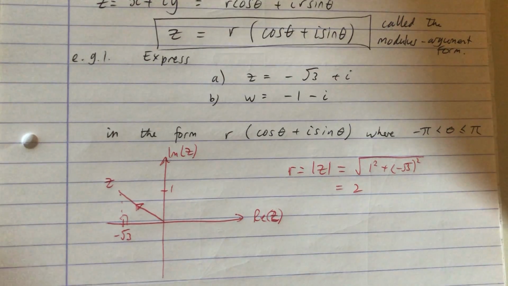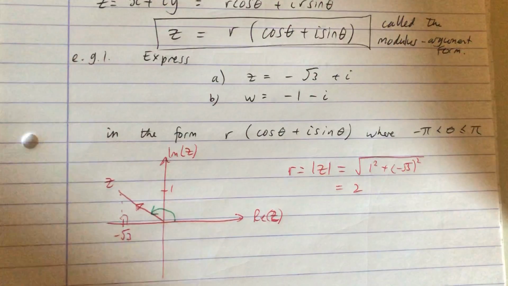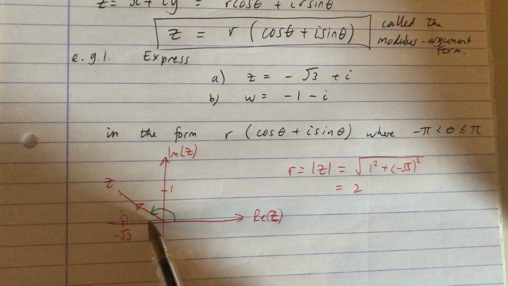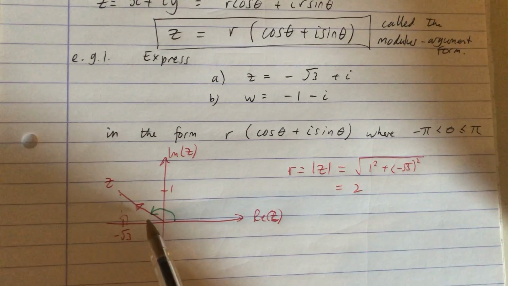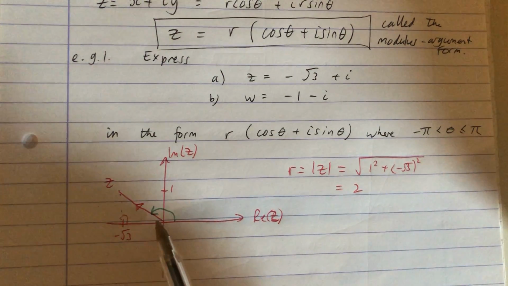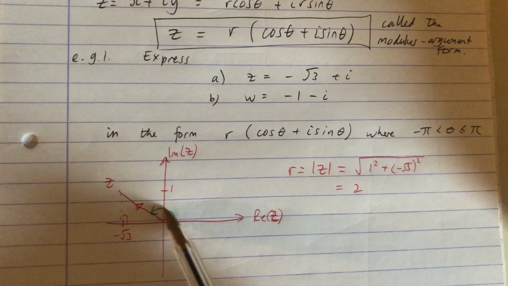And the argument is the angle made with the positive real axis. And there's many ways to do this. You could work out that little angle there and then subtract it from 180 degrees or pi radians to work out the green angle.